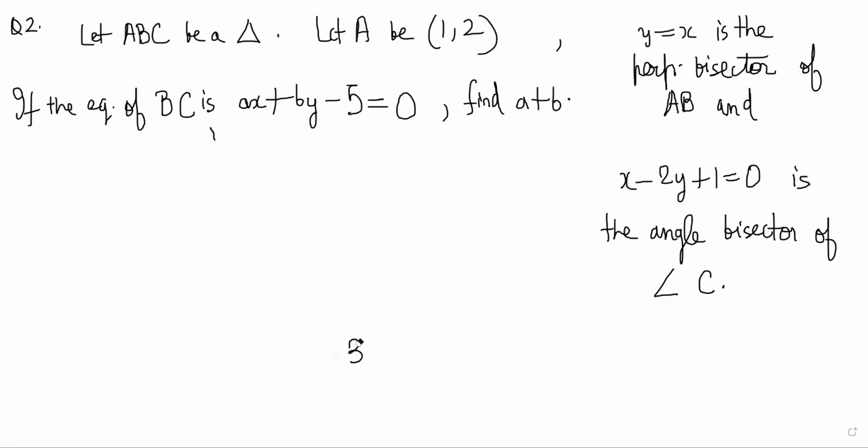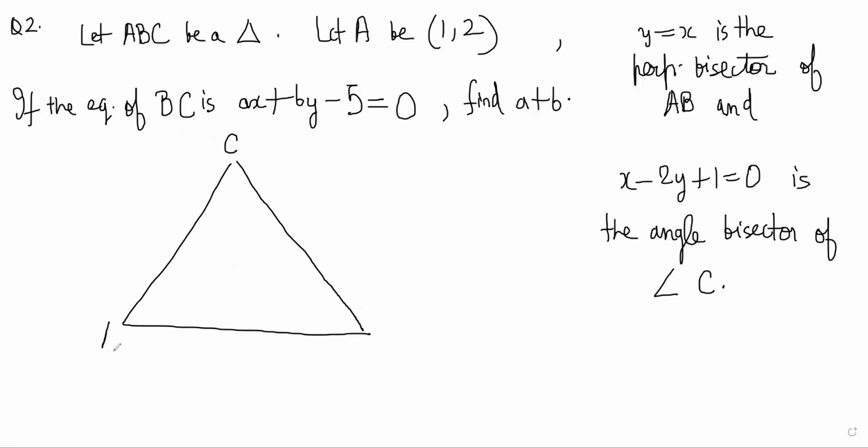I will not draw the perpendicular bisector. We have C here, A here, B here. I need to find finally the equation of BC, right? So probably I need a point B and a point on that line.